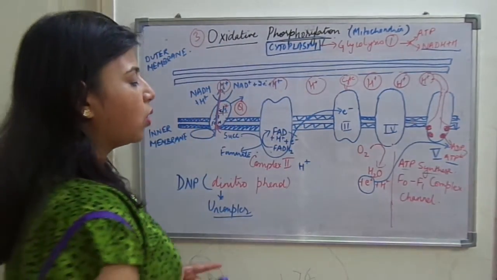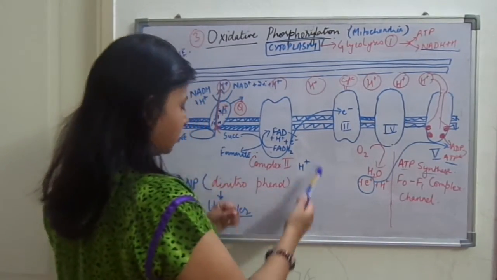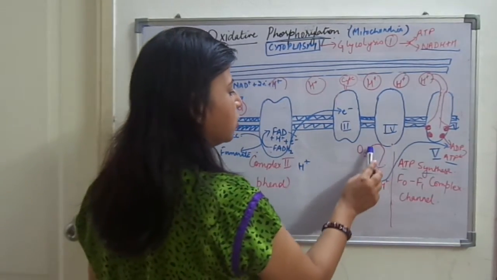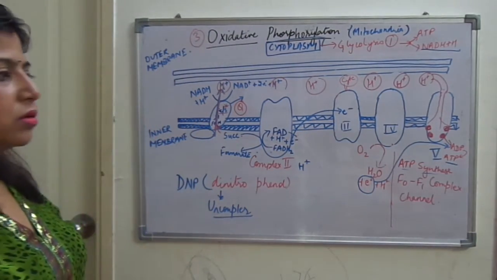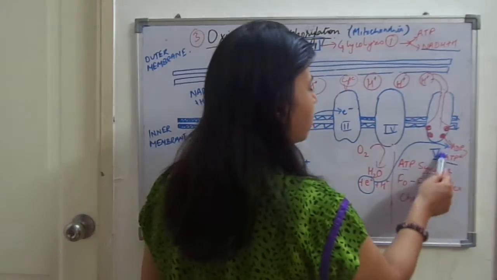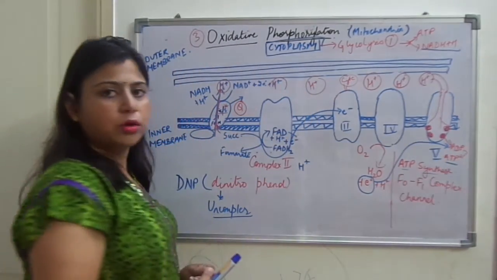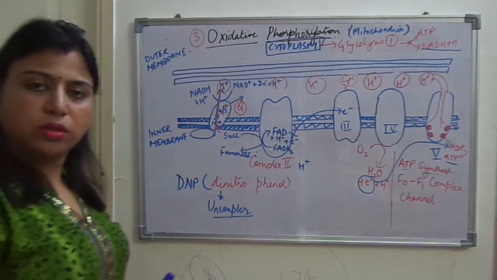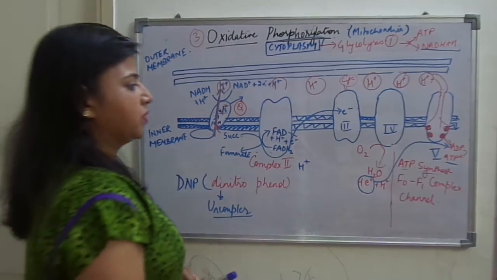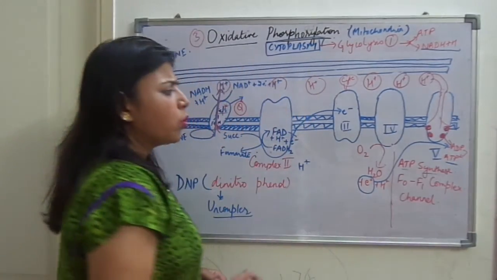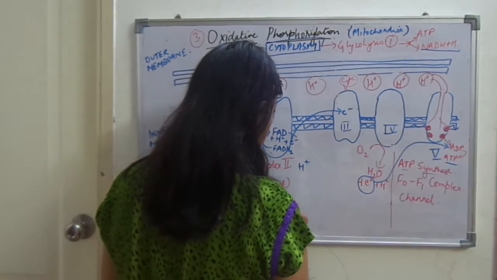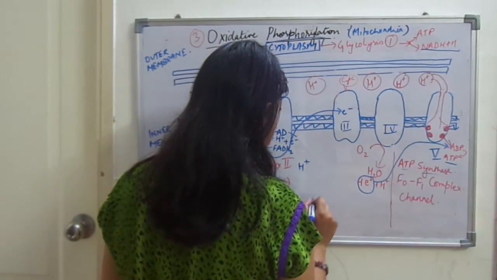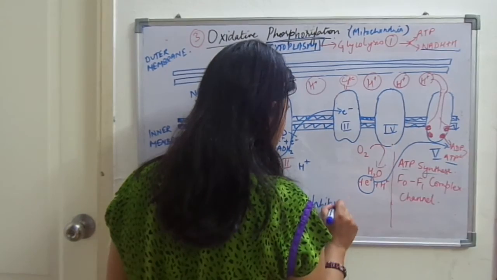So what will happen? If we add DNP to this reaction mix, oxygen will keep on utilizing. It will keep on utilizing the oxygen, but it will not produce ATP in any way. Right. Now, one more question is asked: if we add an ATPase inhibitor, then what will happen?